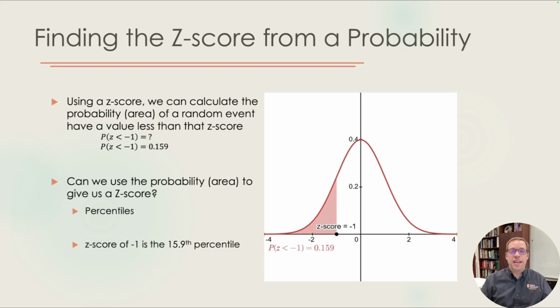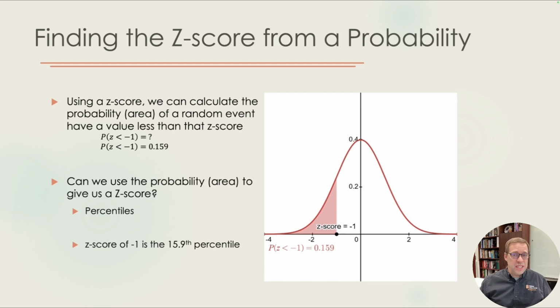We introduced the idea of percentiles as well. And now with normal distributions, we can take a closer look at that. So what value is above 15.9%? That would be a z-score of -1. So -1 is the 15.9th percentile.